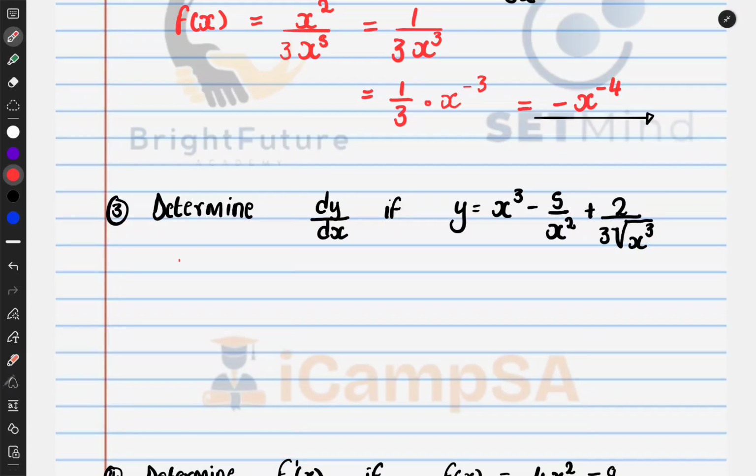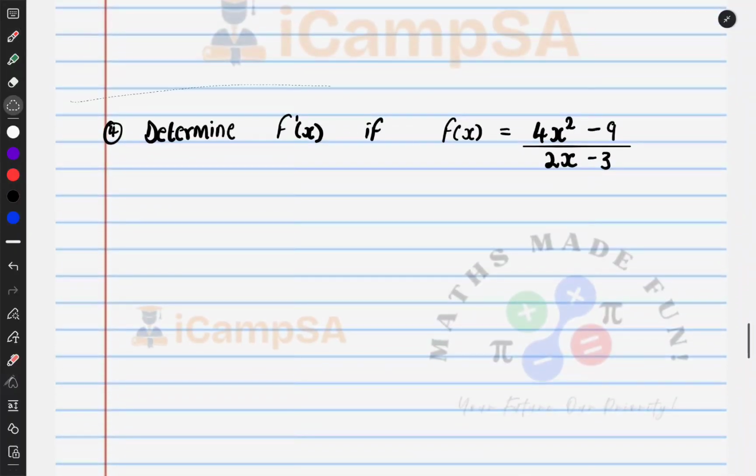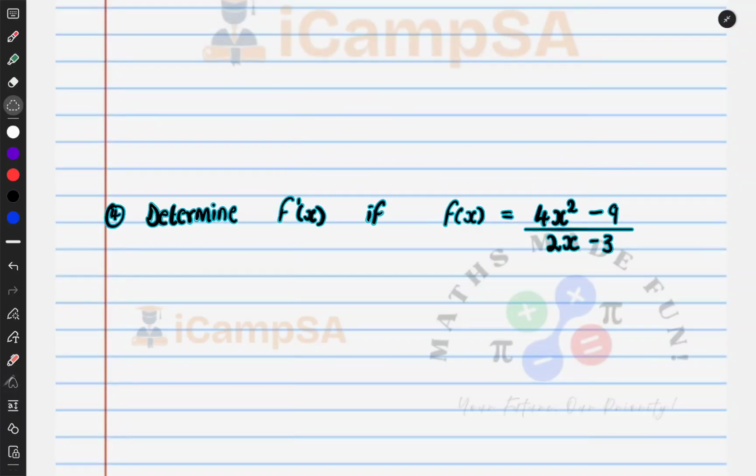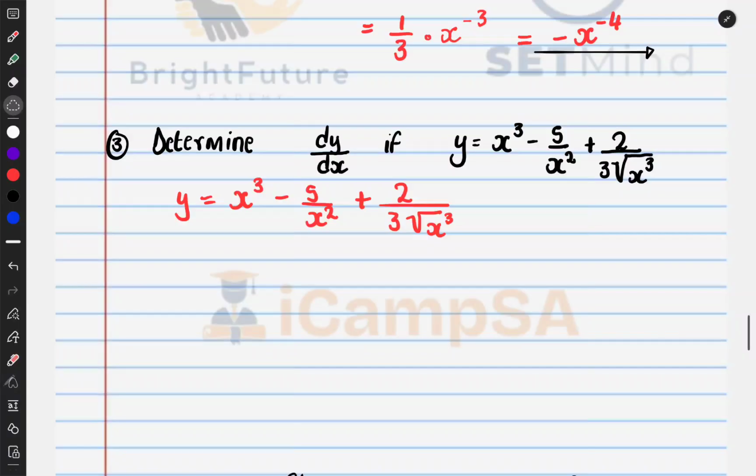We are given y is equal to x squared, and remember the sum and difference rule: we're gonna be differentiating these functions individually. Then 2 over 3 over the root of x cubed. Okay, let me move this one a little bit lower. First thing first, we start by simplifying this and removing the variables from the denominator.